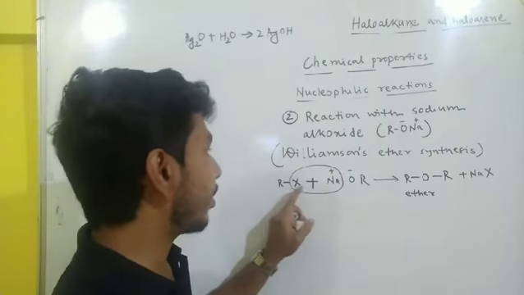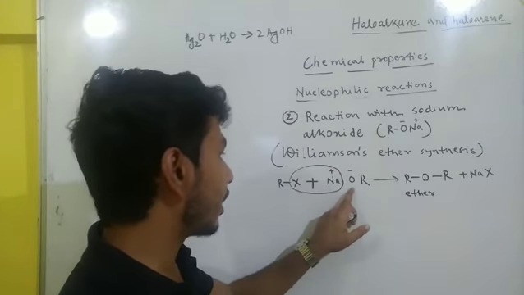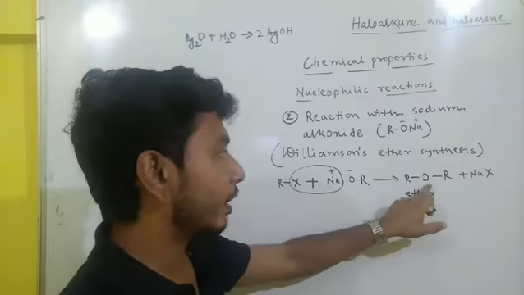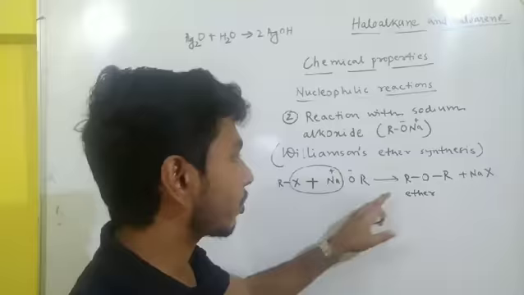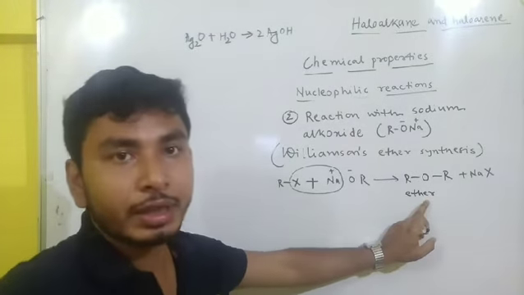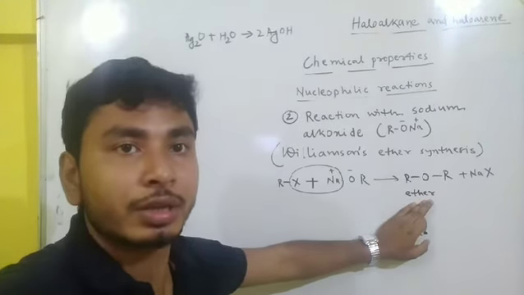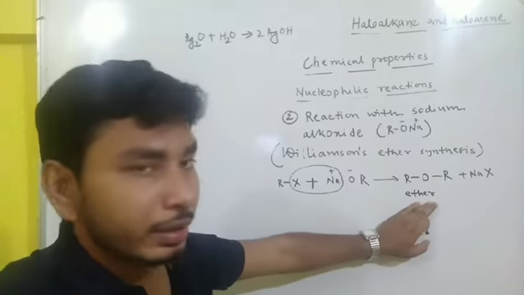So alkyl halide on treatment with sodium alkoxide, NaX is eliminated, and we are getting the ether. This reaction is called Williamson's ether synthesis, because in this method ether is synthesized.